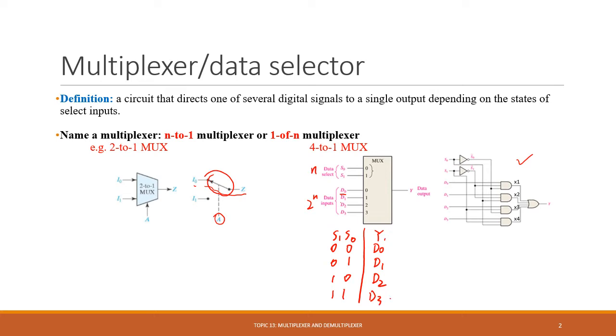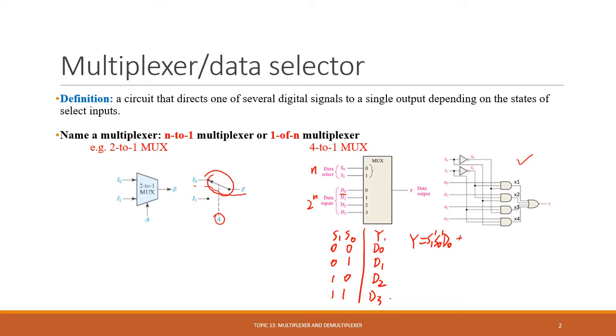And here is the trick for how we can write the Boolean expression for y, even though we don't show all the possible combinations. Think about this: y would equal d0 when s1 is 0 and s0 is 0. Right? You can check, if s1 is 0, s0 is 0, then y should equal d0.